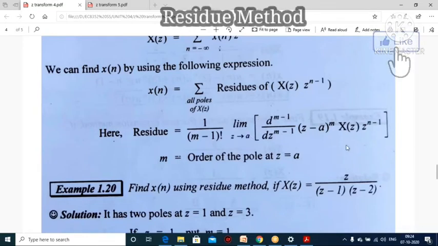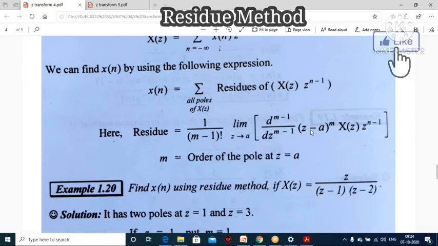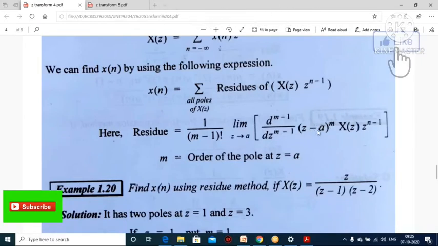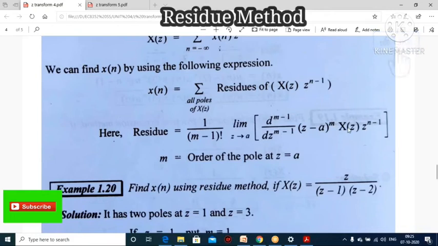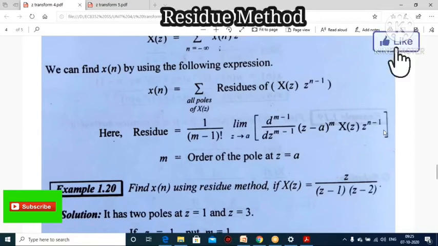Inside the bracket you write down differentiation, that is d power m minus 1 divided by dz power m minus 1, of (z minus a) whole power m, X(z), then z power n minus 1. Here it is z minus a because z tends to a, the pole. So this is the formula to calculate the inverse Z transform by using the residue method.